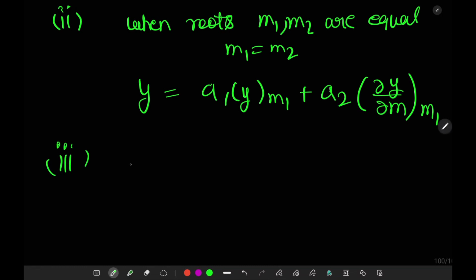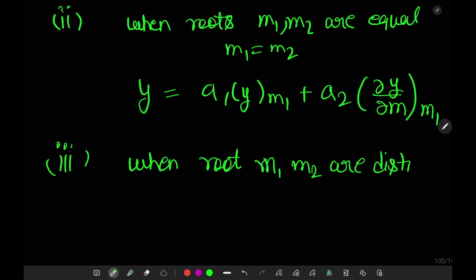This is the third case, when roots m1, m2 are distinct and differ by an integer.